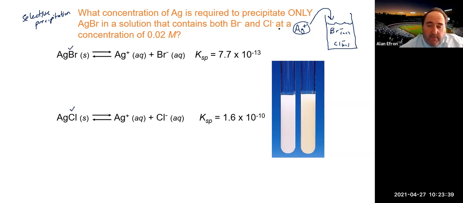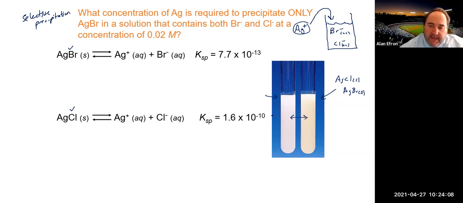What is the problem with maybe just dumping in the silver without really thinking about what the situation is? Well, the problem is, as we see here in these test tubes are silver chloride and silver bromide, right? So these are a test tube of basically silver chloride and silver bromide. And if you look at both of these, that's like a white solid, that's like a white solid.